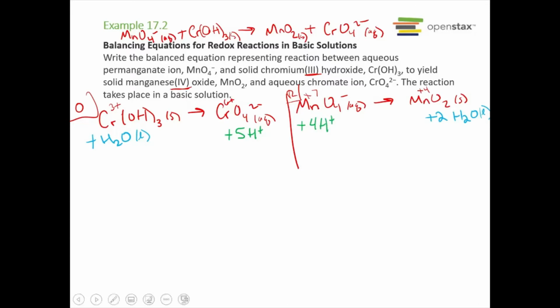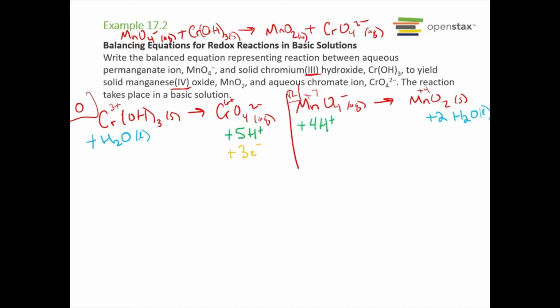And then we need to go ahead and balance our charge by adding electrons. So we have on the chromium side, 0 on the left, and then -2 plus 4 gives us +4, so we need to add 3 electrons. Or I'm sorry, -2 plus 5 is +3. Wow. I'm great with numbers right now, aren't I, guys?